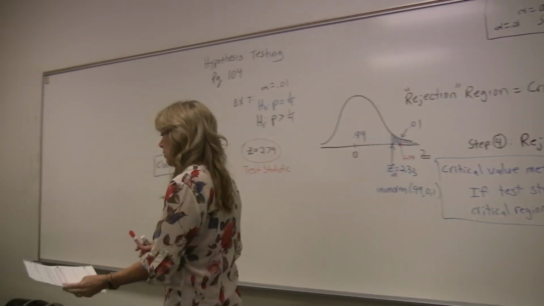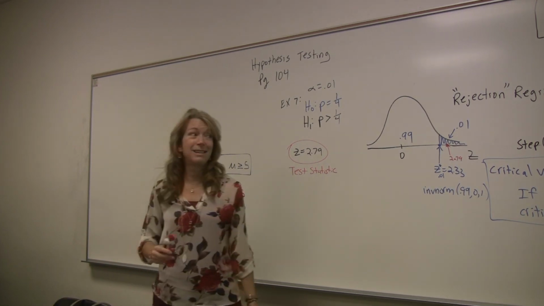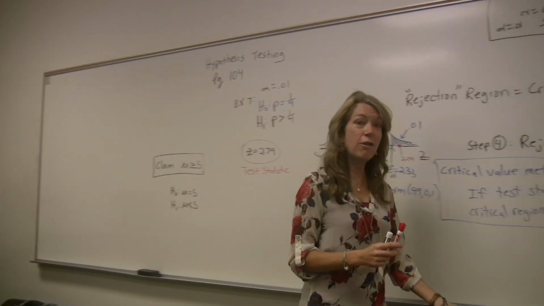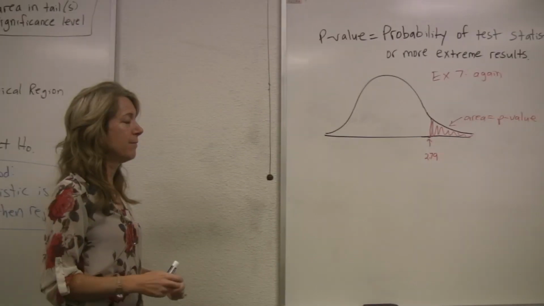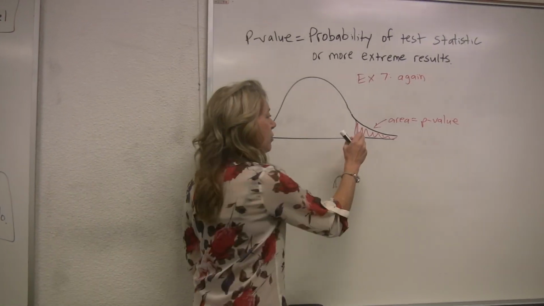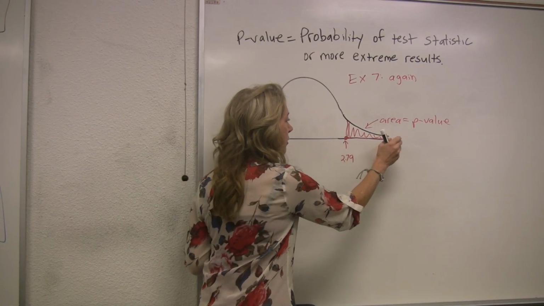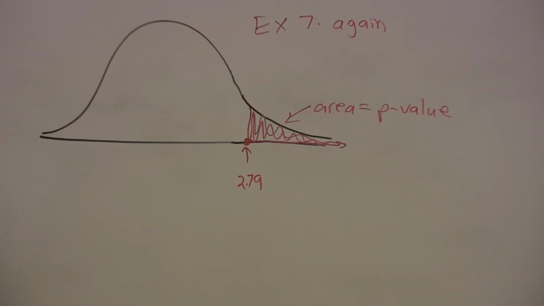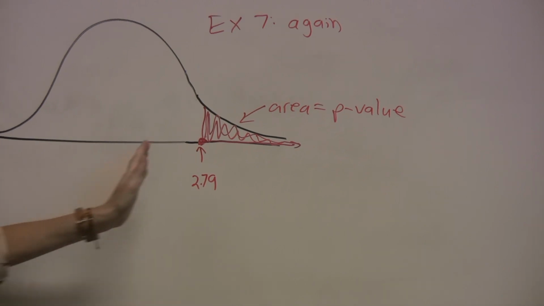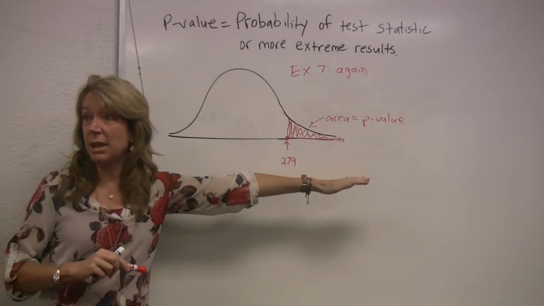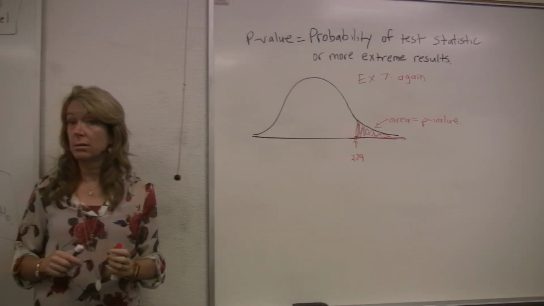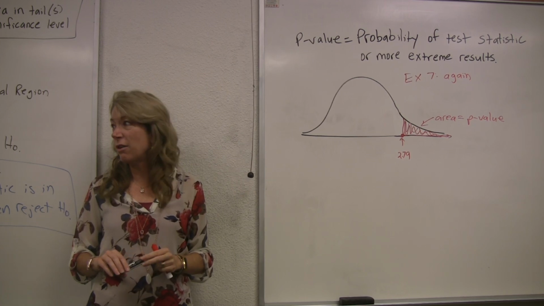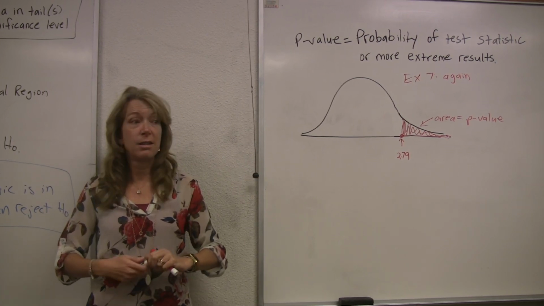I hope you know how to find that area. From 2.79 out here forever. Normal CDF? That would be your lower bound. Yes, this would be my lower. My upper would be 9999. You see why we practiced all of chapter 6?